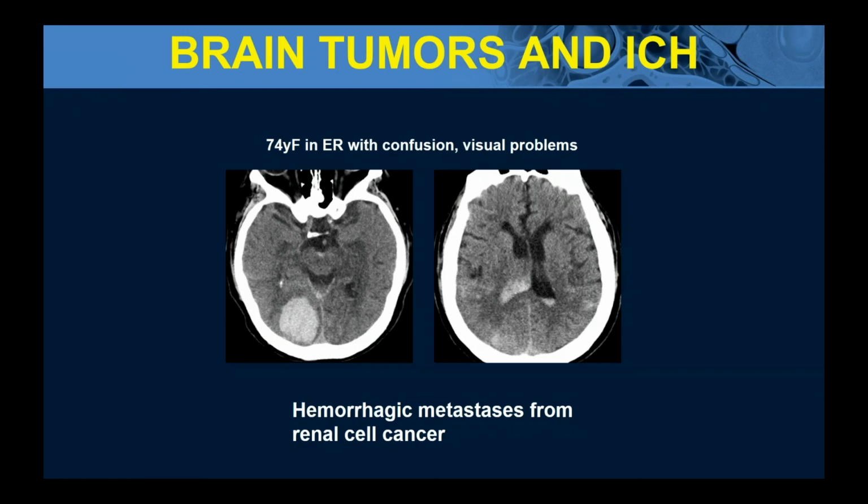Turns out this patient had an undiagnosed renal cell carcinoma, and this was spontaneous hemorrhage into metastases. So in older patients, you think hypertension, amyloid, and neoplasm, either primary or metastatic. And in younger patients, you think of vascular malformations, and in young adults, you'd also want to think about, unfortunately, drug abuse.